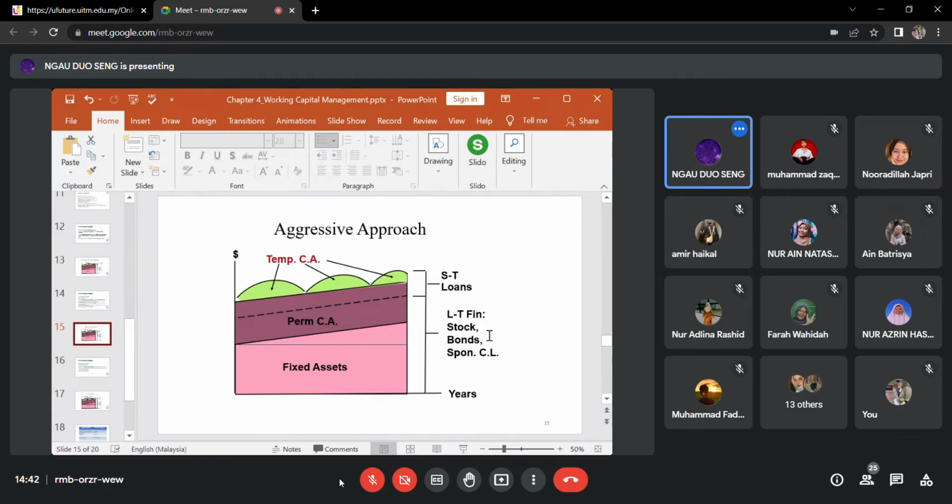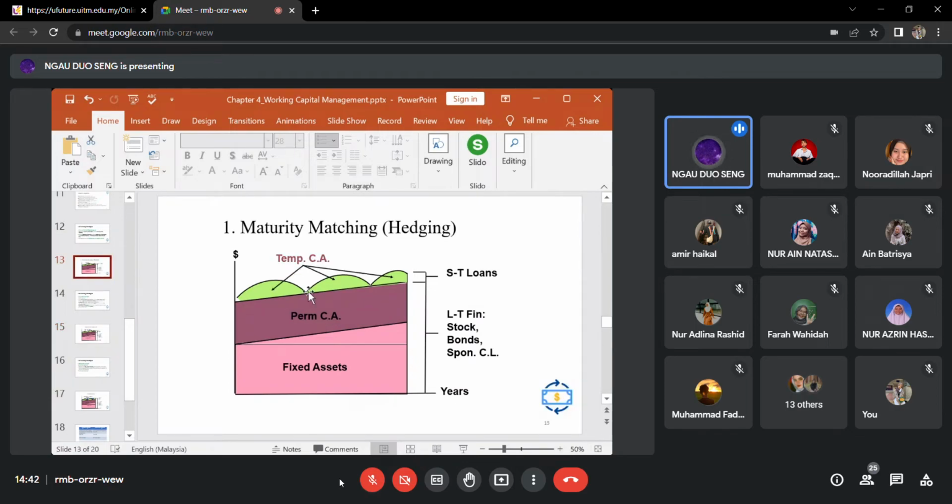If this one, because they are using short-term, high risk, of course, they will pay less interest if successful. If you succeed in selling the product, then there should be no problem, because you have money to pay back the bank. This one follows matching. Short term, they are using short term loan, right?